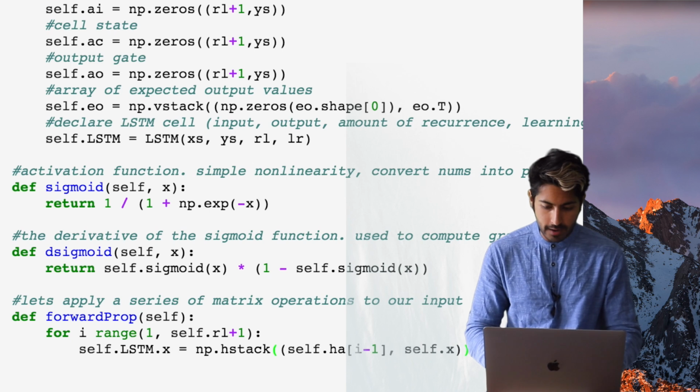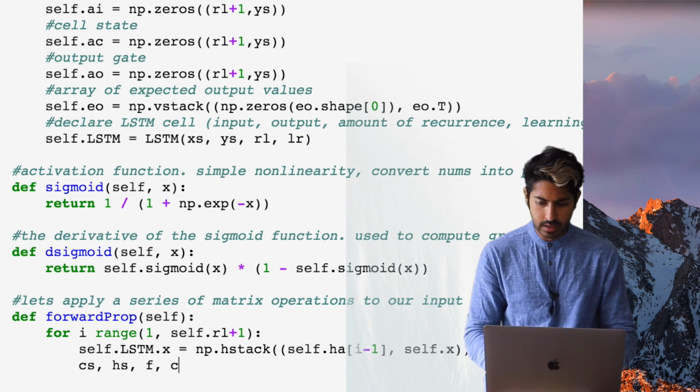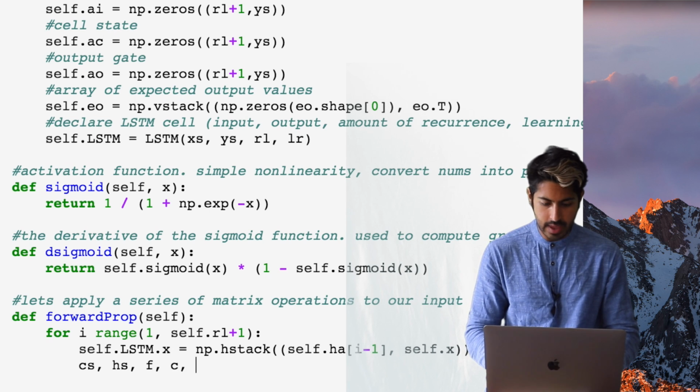And now we can run forward propagation through the LSTM cell itself. So it's going to return our cell states, our hidden states, our forget gate, so we can store it in our array of values, C, which is the cell state, and then the output. And so we can compute that using the forward prop function of the LSTM cell.